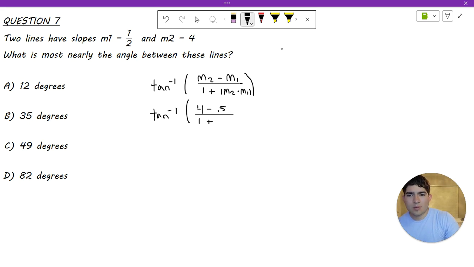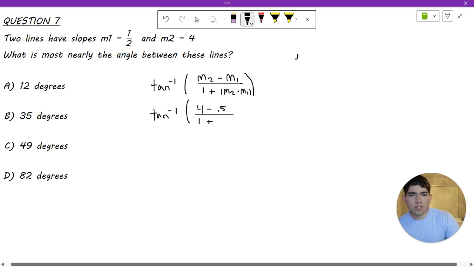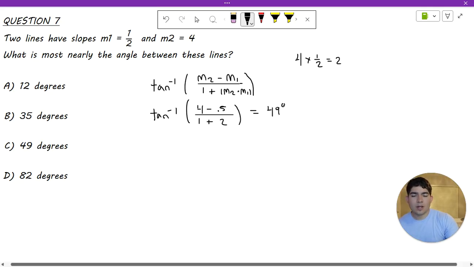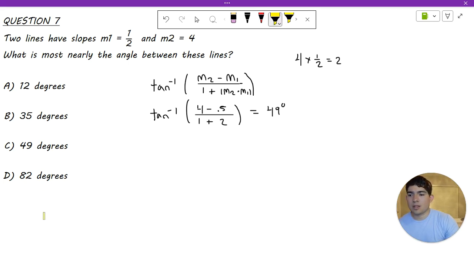So m2 times m1 is 4 times 1/2, and 4 times 1/2 is just going to be equal to 2. So we'll just put 1 plus 2 to make things easier, just simplify it. So then once you put this in your calculator and it's in degrees, you're going to see that the answer is going to be 49 degrees. So that means that the answer for our multiple choice in this case is going to be C.